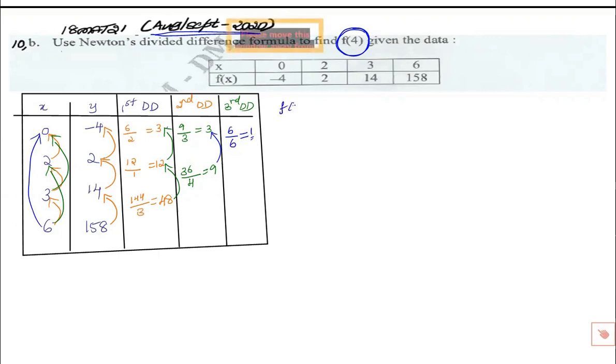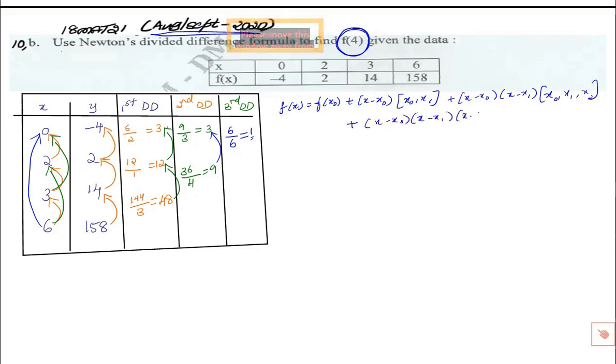Next, write the formula. F of x is f of x naught plus x minus x naught, first divided difference, plus x minus x naught, x minus x1, second divided difference, plus x minus x naught, x minus x1, x minus x2 into third divided difference, up to third divided difference here. Next, substitute.